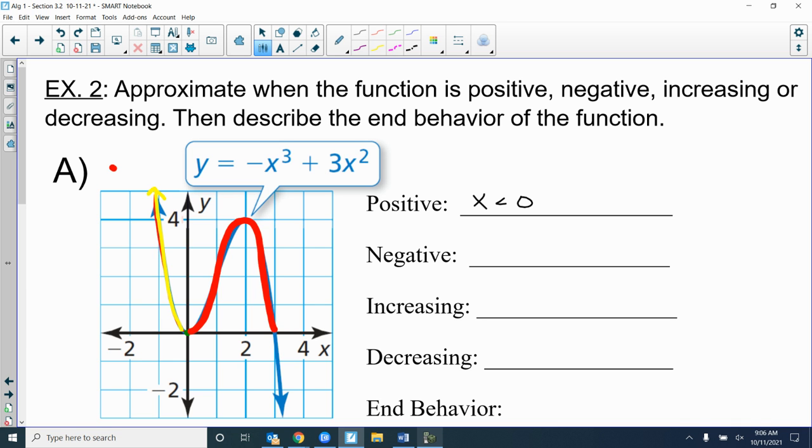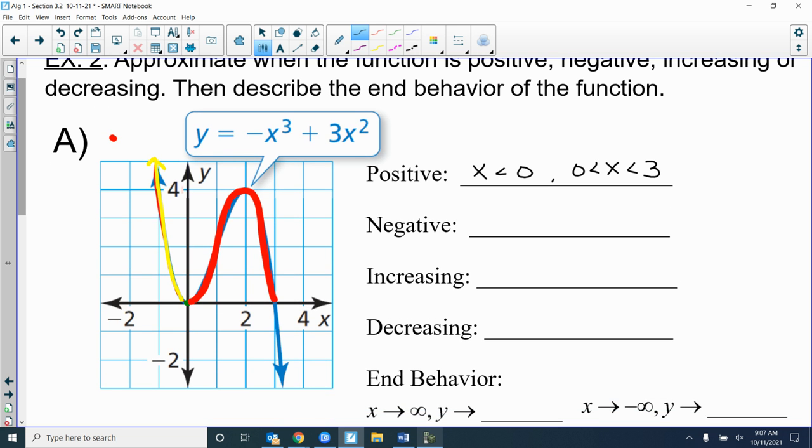And then where's it end at? Just give me the number it ends at. It ends at 3. So good. 0 is less than x is less than 3. We're not going to use equals. So you trapped it between 0 and 3. Good. Less than or equal? No, because at 0 and 3 the y value equals 0. So all these are going to be just less than.